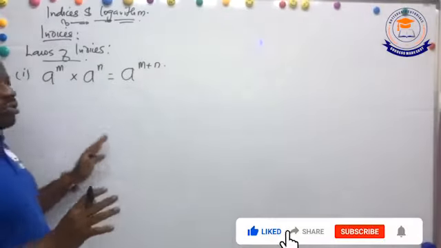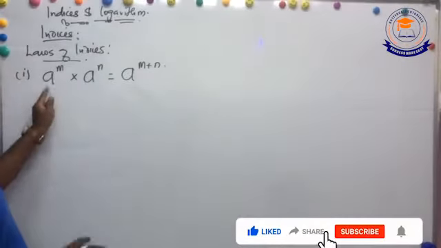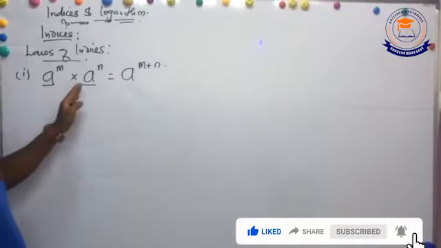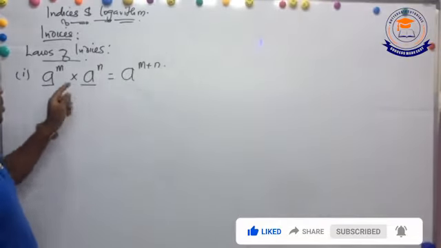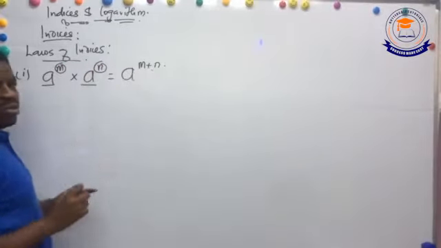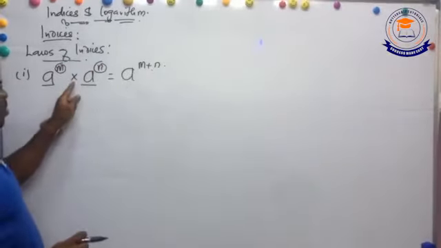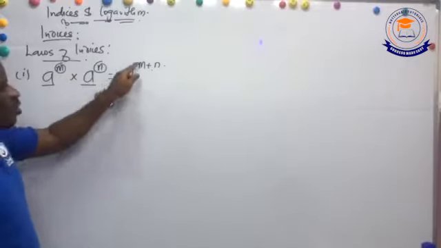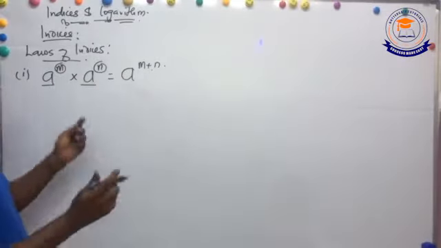What this law is saying is that if the bases are the same, the powers are added. If you are multiplying a^m by a^n and the base is the same, the law says that you will add the powers.